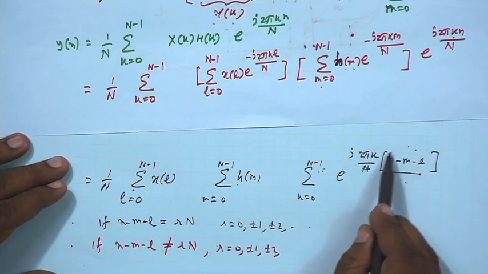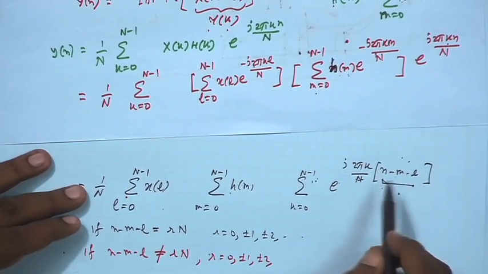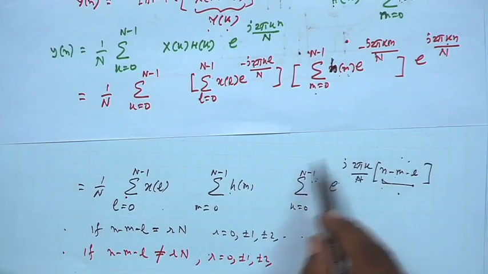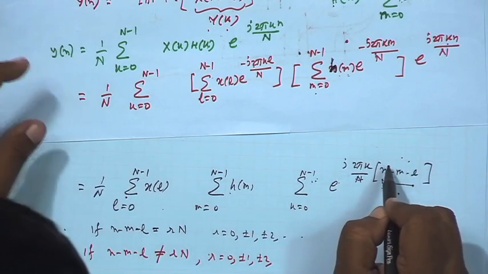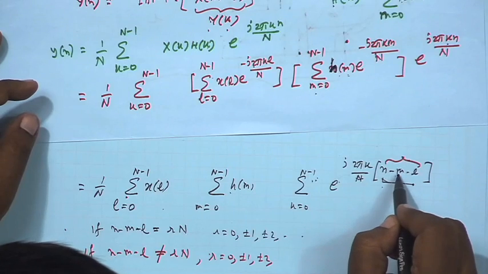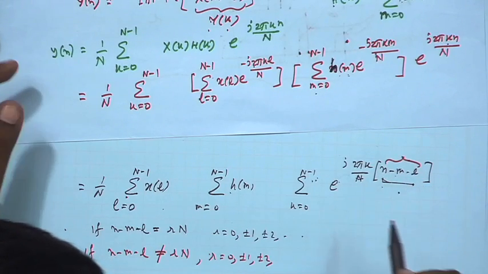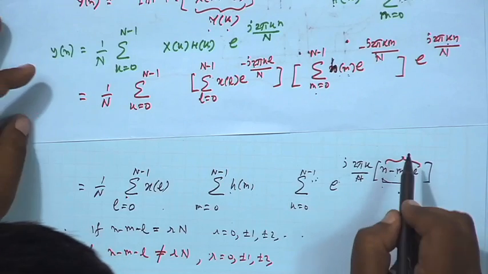In that case, it will be just an integer, and then this GP series, if you sum, will turn out to be 0. If you call this integer, suppose you can give a name, n has been used, m has been used, L has been used, r has been used, so suppose you call it p.